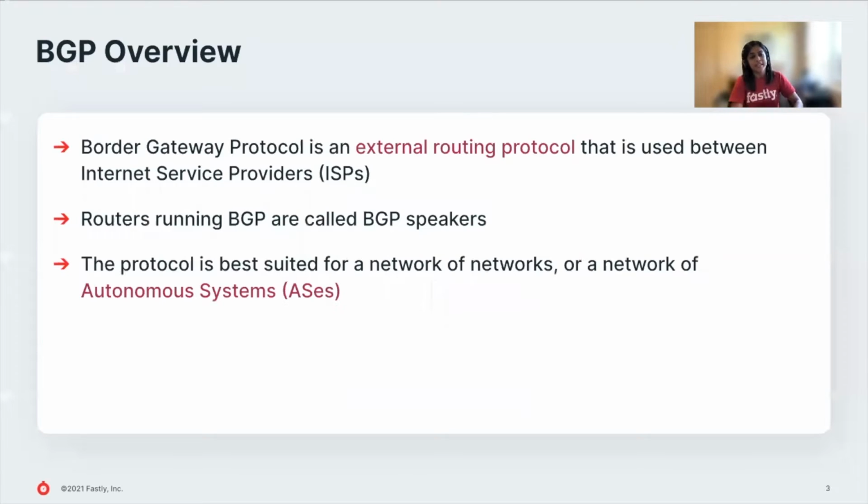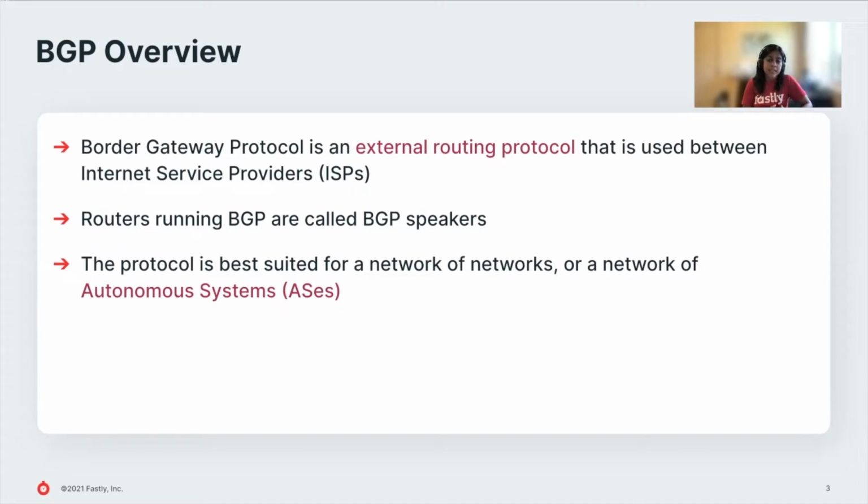So to start with, let's talk about BGP. BGP, like I mentioned, is used all over the internet today. The reason is that BGP is designed in such a way that it is very suited towards sharing and distributing routing information. This is how routing information is distributed between the internet service providers.